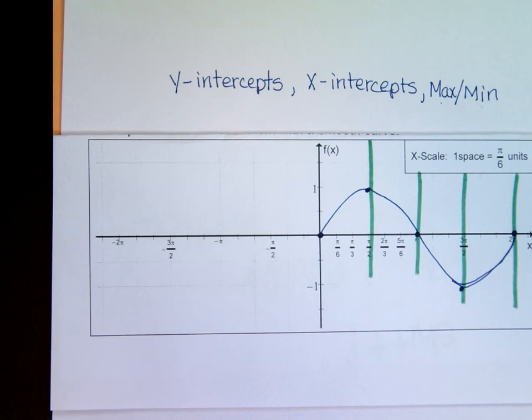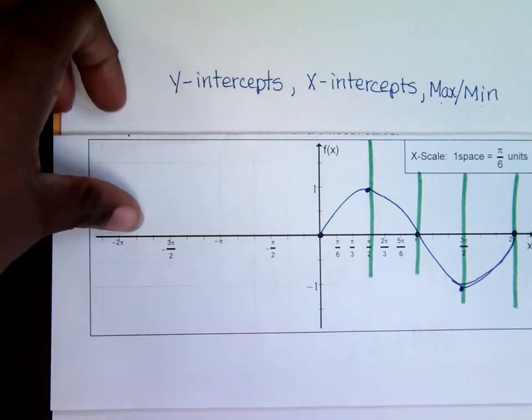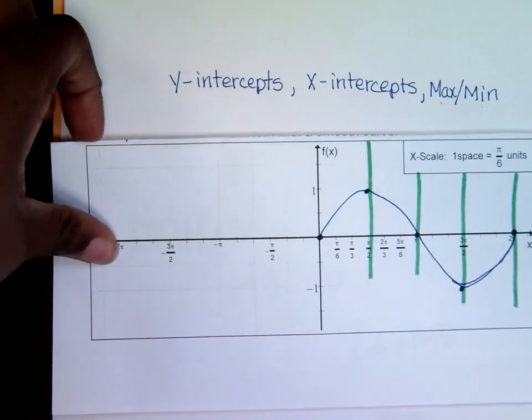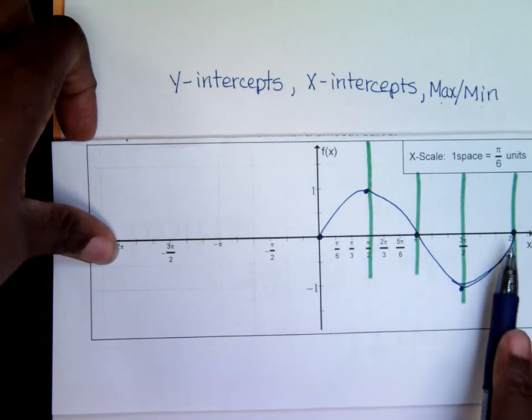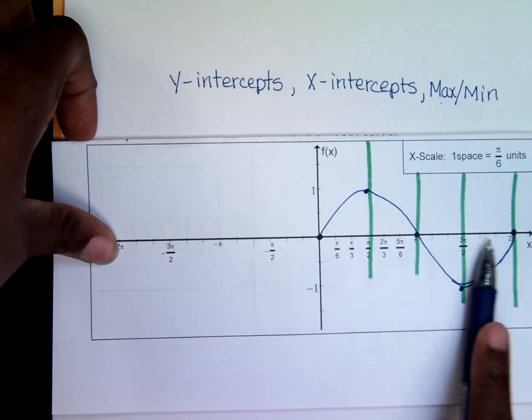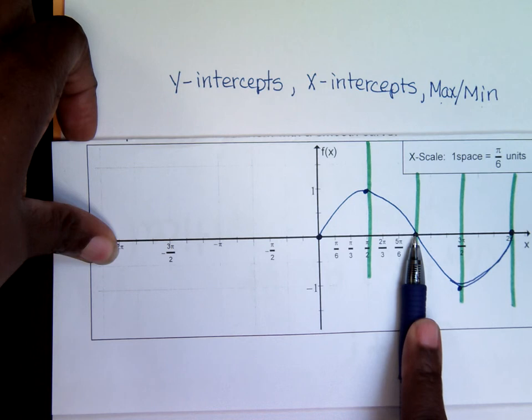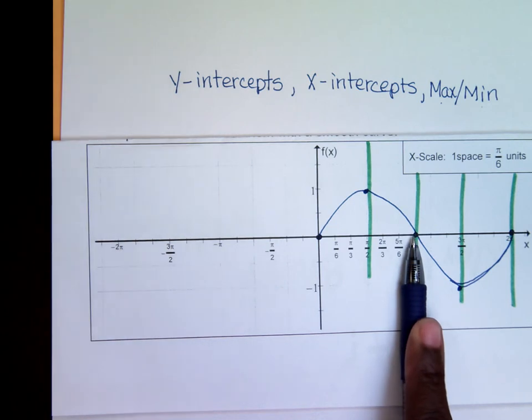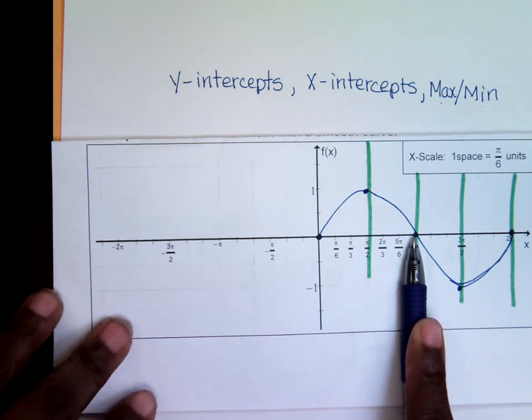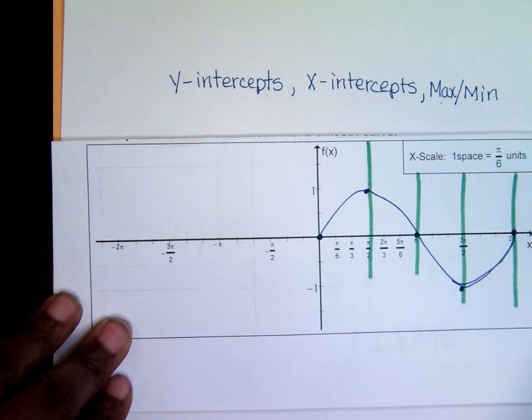So if your period changes, you want the same type of curve, but in either a smaller or a larger period.